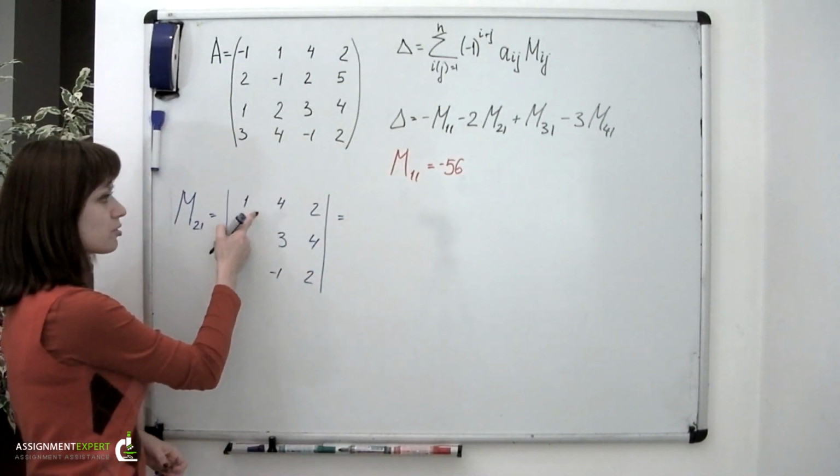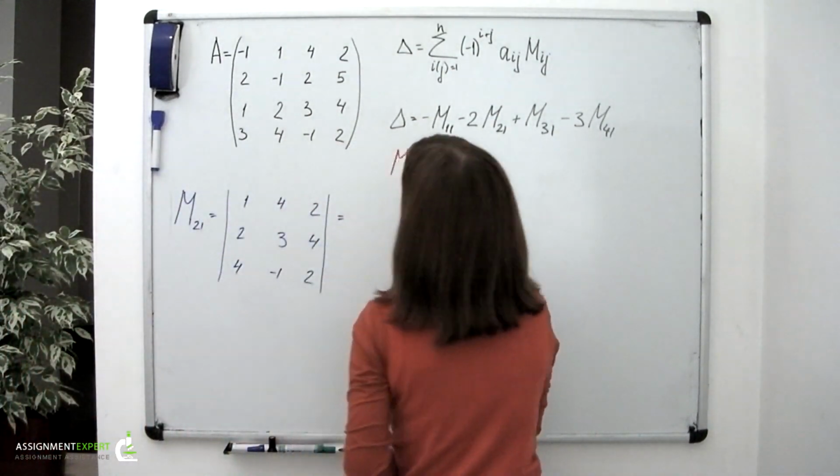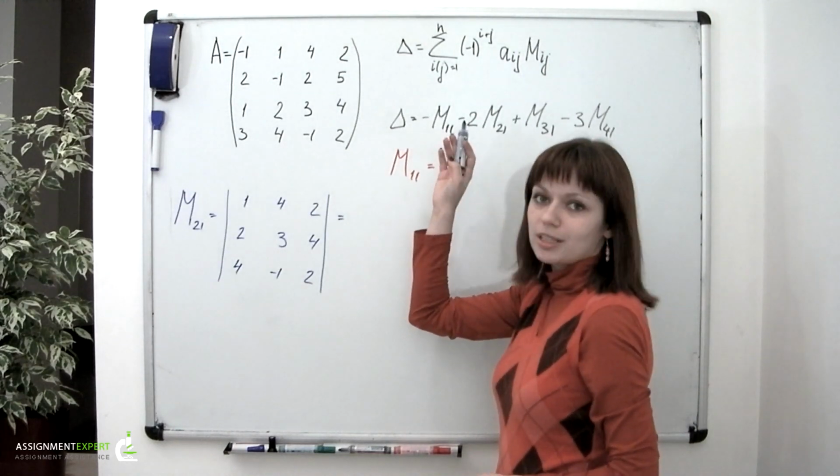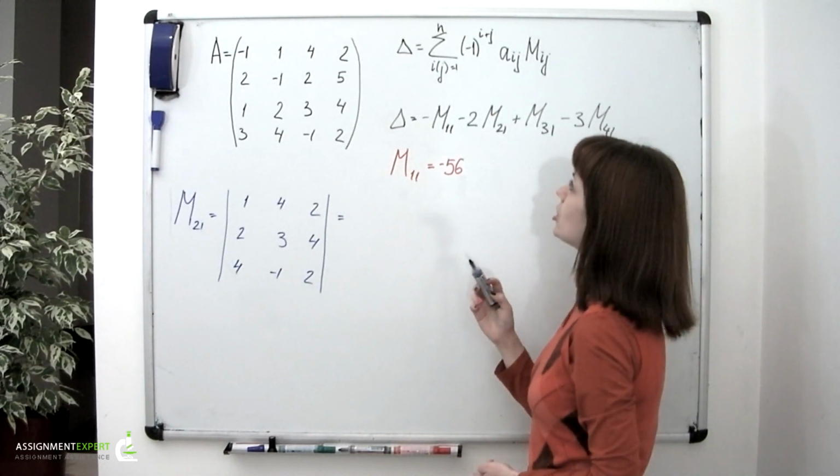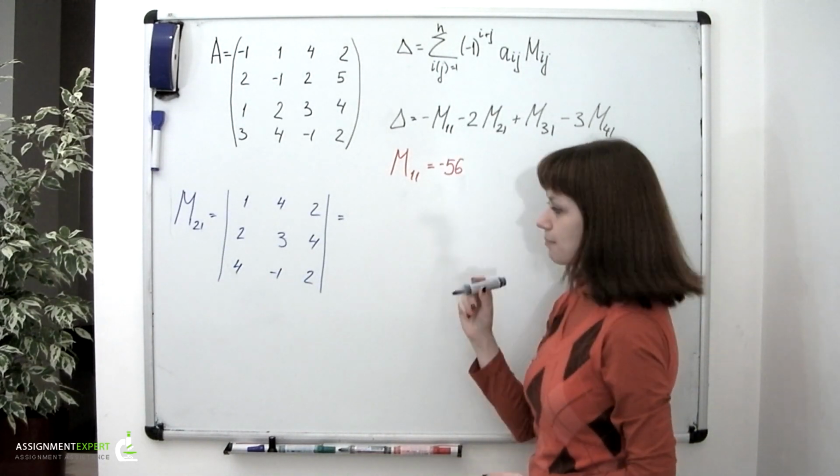And we'll use the same method as we did for m sub 1, 1. So we're picking the first row, and again, i is set to a value of 1, n equals 3, and j changes from 1 to 3.